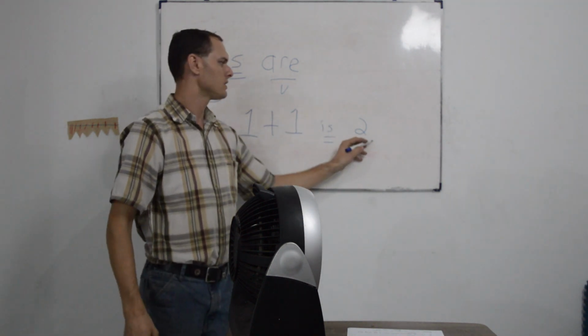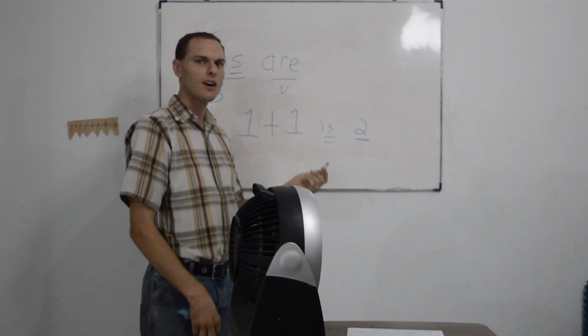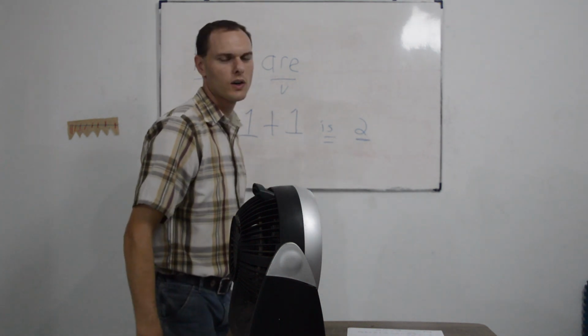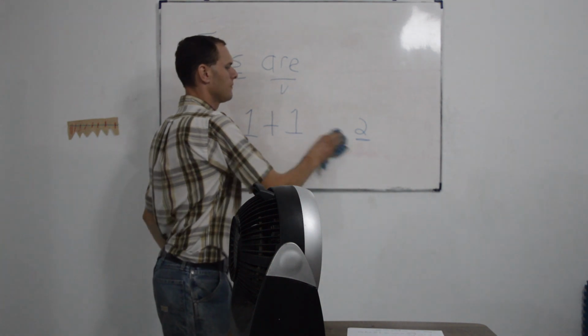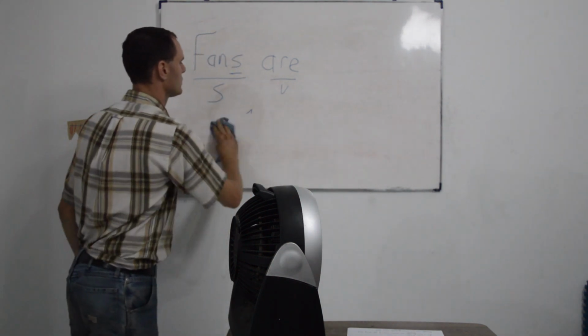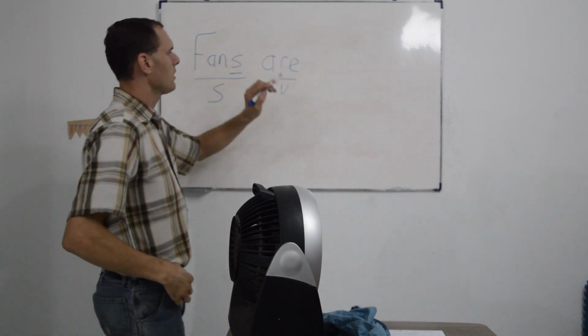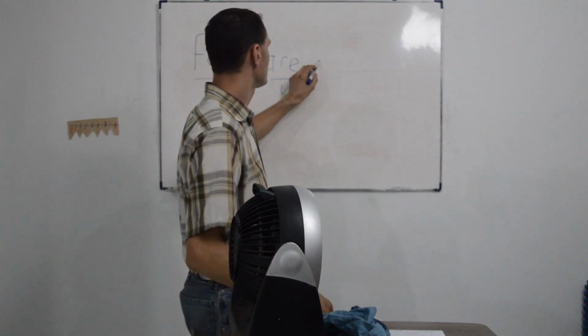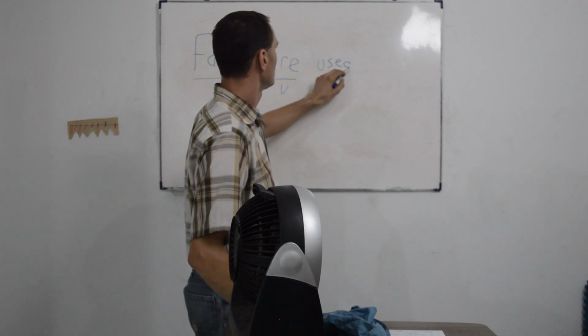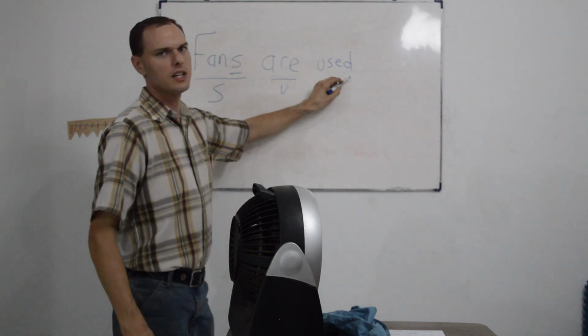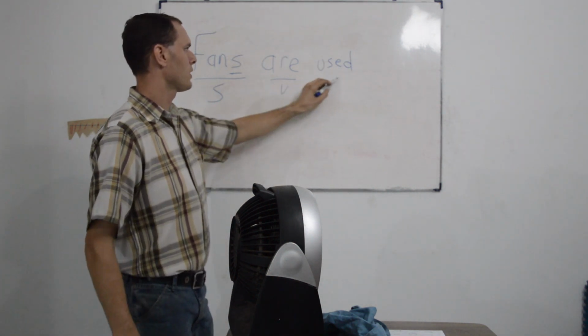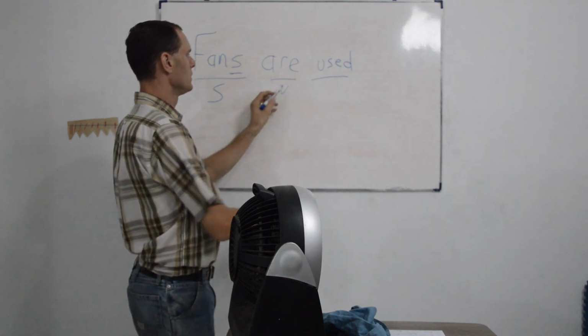The reason why is this is only one number. However, some people say it's 2, therefore it uses are. That's a matter of opinion. Okay, that's the only exceptions to those rules that I know of. So fans are used, let's say this. Now, here you go again. This is the verb. This becomes a part of the verb too.